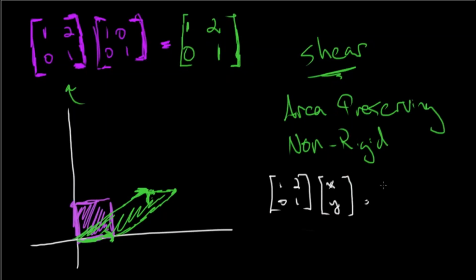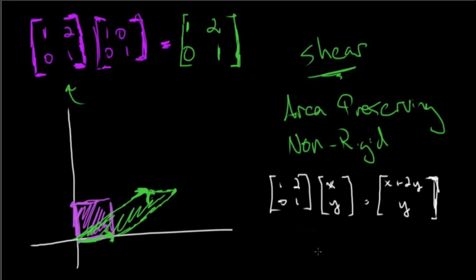And we're going to have x plus 2y here, and we're going to have y here. So y is unchanged as I previously said, but you're maintaining the same x-coordinate, and then you're adding to that x-coordinate 2 of the y-coordinate at that spot. So this is what a shear is doing algebraically.